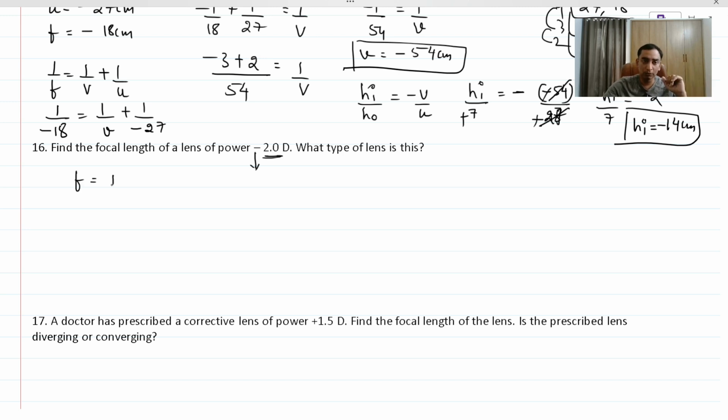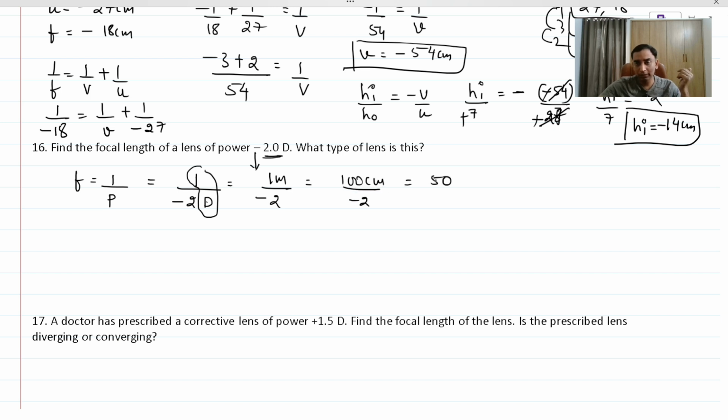So focal length is equal to 1 upon power, and the power is minus 2 D. Now 1 upon diopter is 1 meter. So 1 meter divided by minus 2, that is 100 centimeters divided by minus 2. So the focal length is minus 50 centimeters. That is the answer to the problem. Definitely negative focal length corresponds to a concave lens.